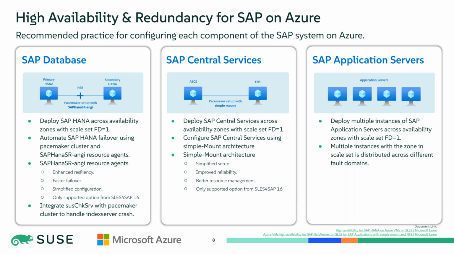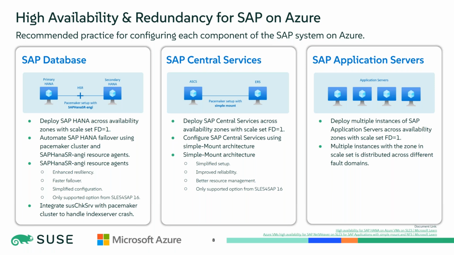There is another point one could take care of, which is to integrate SUSE checksum. As you know, when you have configured your HANA with HSR and pacemaker, and there is a crash of an index server, HANA has its own mechanism to restart the index server on its own, and it's very quick.